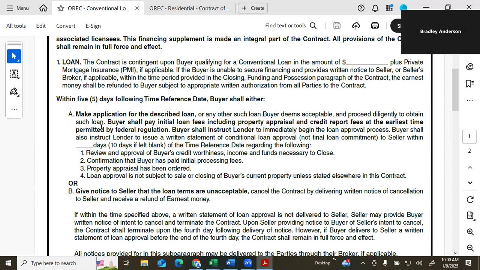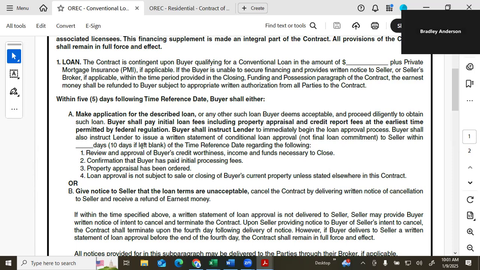Buyer shall pay initial loan fees, including property appraisal and credit report fees at the earliest time permitted by federal regulation. Buyer shall instruct lender to immediately begin the loan approval process. Buyer shall also instruct lender to issue a written statement of conditional loan approval.